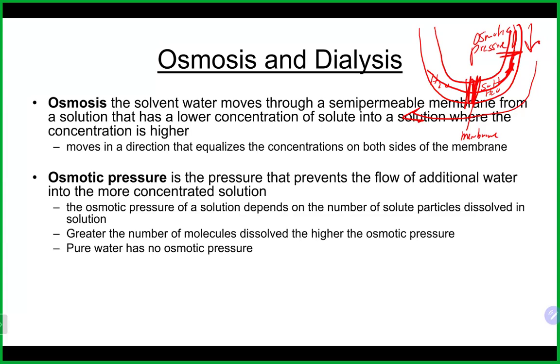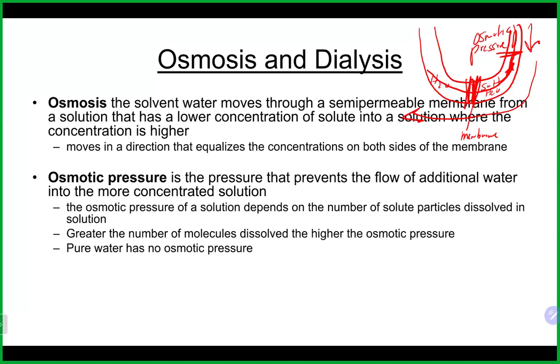So osmotic pressure is basically the pressure that will stop the flow of those additional solvent molecules to the other side. The osmotic pressure is related to how much stuff is dissolved in there. The more stuff dissolved in it, the higher the osmotic pressure. Again, pure water has no osmotic pressure because it has nothing dissolved in it.